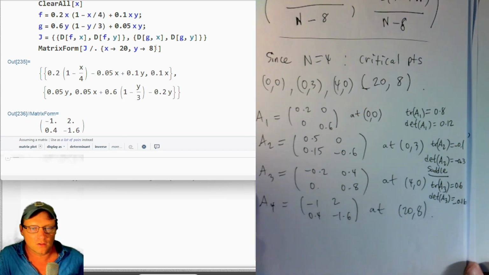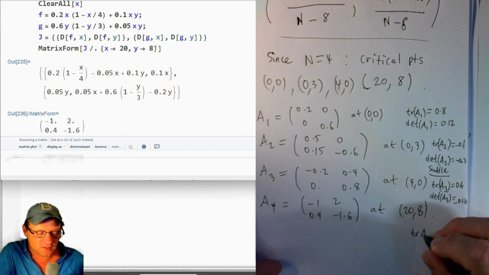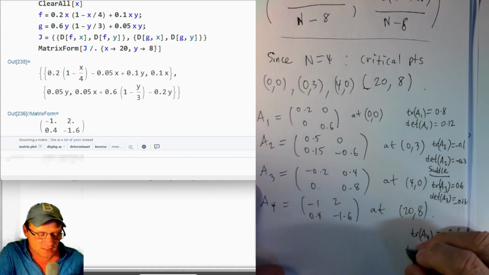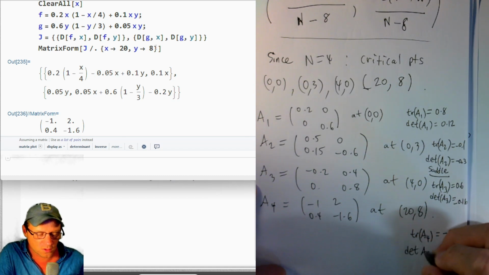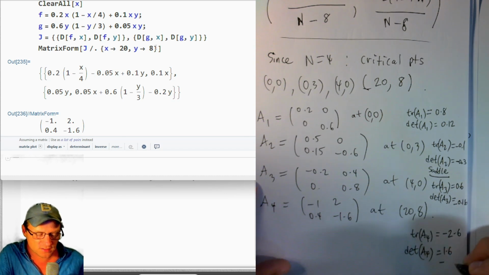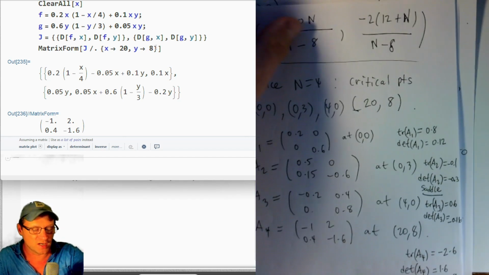Okay, and then finally 20, 8, the trace of A4 is minus 2.6. The determinant of A4 is 1.6 minus 0.8. And so that's plus 0.8.